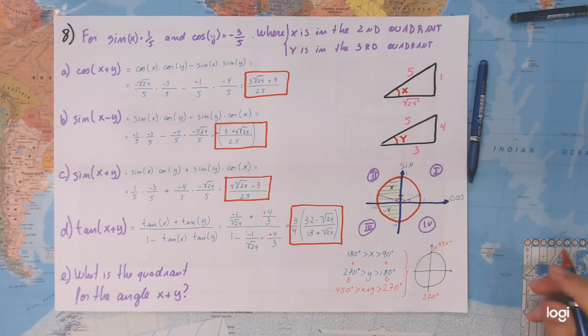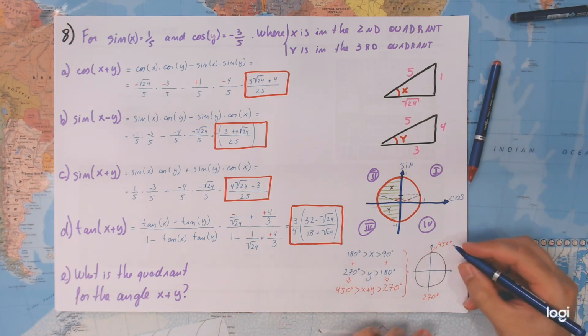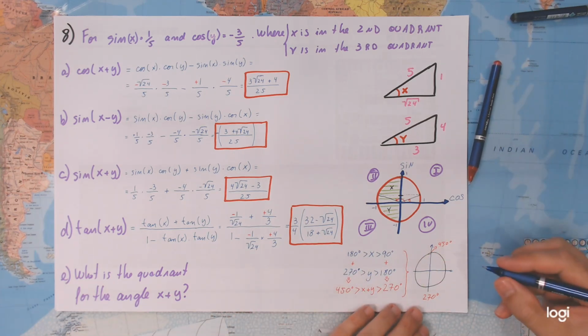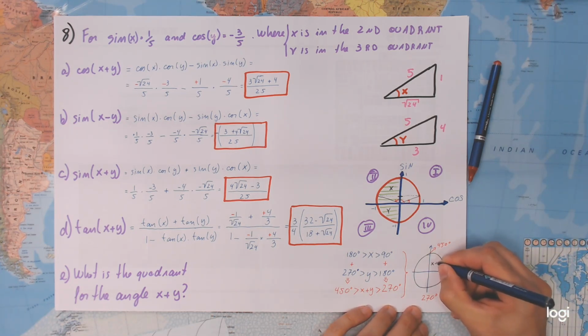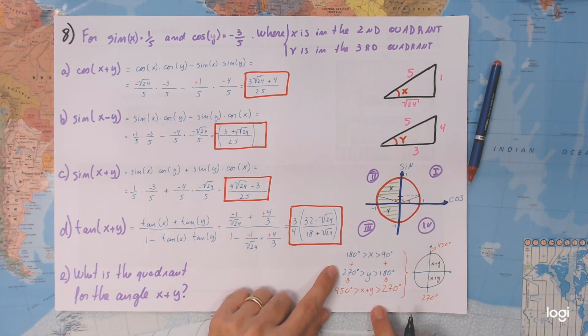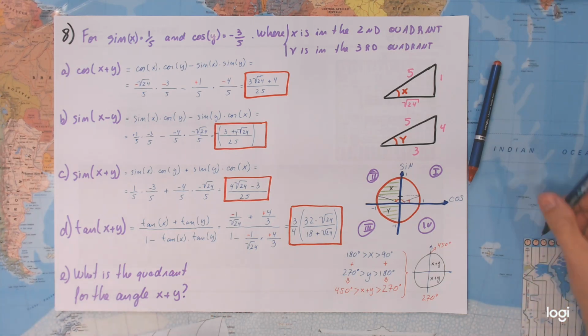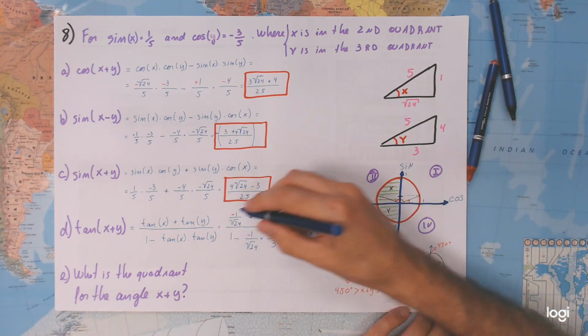So our angle x plus y could be, I'm not saying it is, I'm just saying that it could be in the first quadrant or in the second one, just looking at this information. Now we have another piece of information that is going to be the tangent.